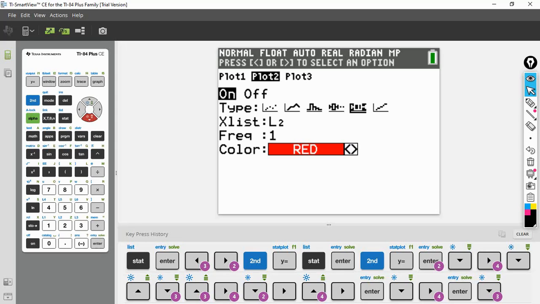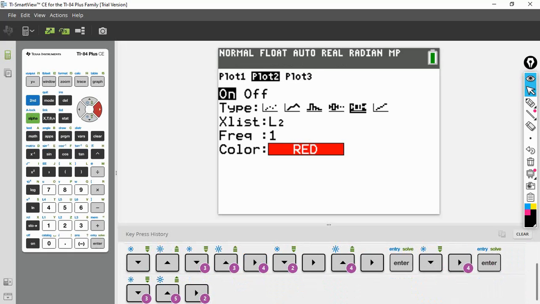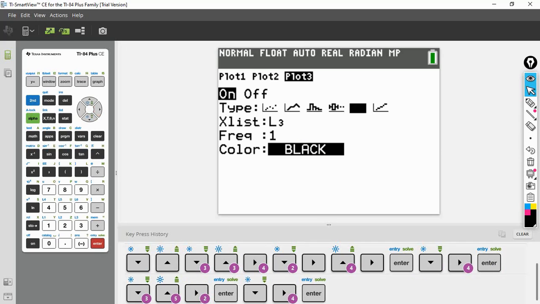And then let's go to plot 3. Up to plot 3. Hit enter there, and then it has to be on. Then we choose again the box and whisker plot. The X list is going to be list 3, which is the information from Stockholm.